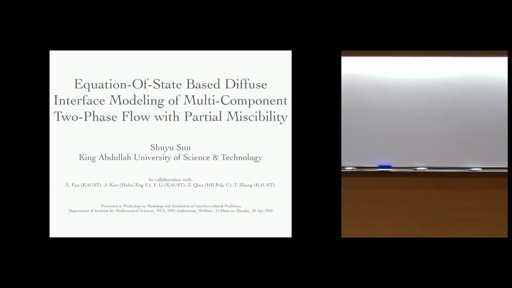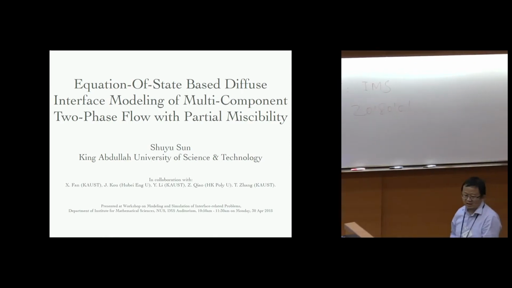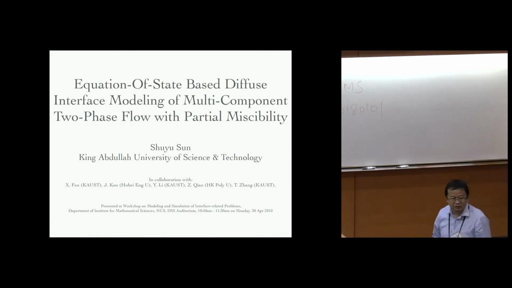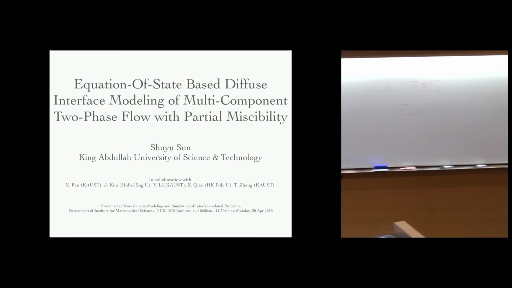Normally, as in the previous talk, we have many models, and Cahn-Hilliard is one of the popular ones, but that model is used for incompressible and fully immiscible two-phase flow. Immiscibility is assumed for simplicity only.